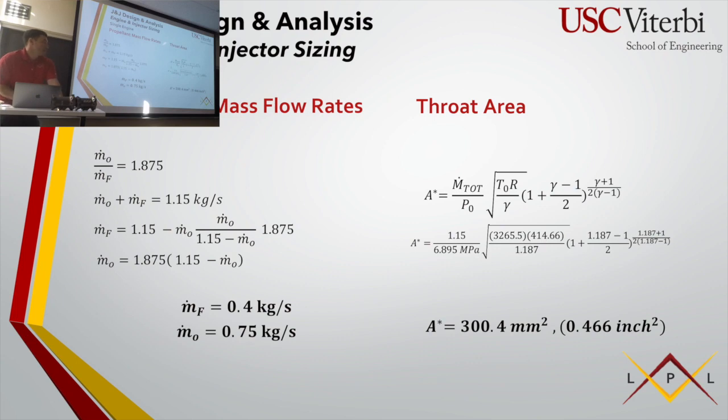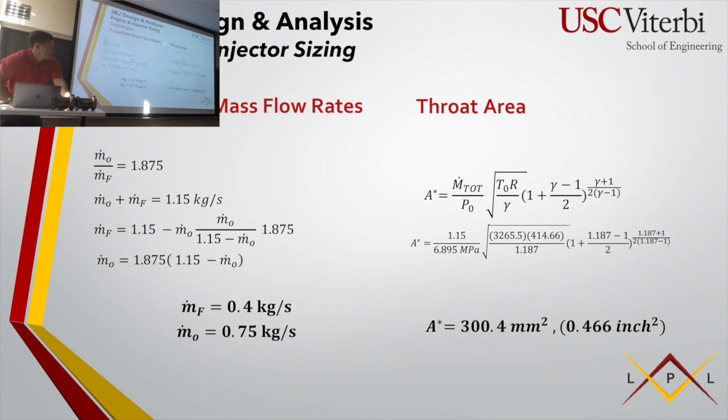So now we can determine what the area needs to be at the throat so that Mach number equals 1 at the throat. So you just use this equation. Your m dot is your total mass flow rate, which is the 1.15. Your P naught, 1,000 psi, your chamber pressure in SI units. The temperature, which we just have from NASA CEA, that's the temperature in the chamber.